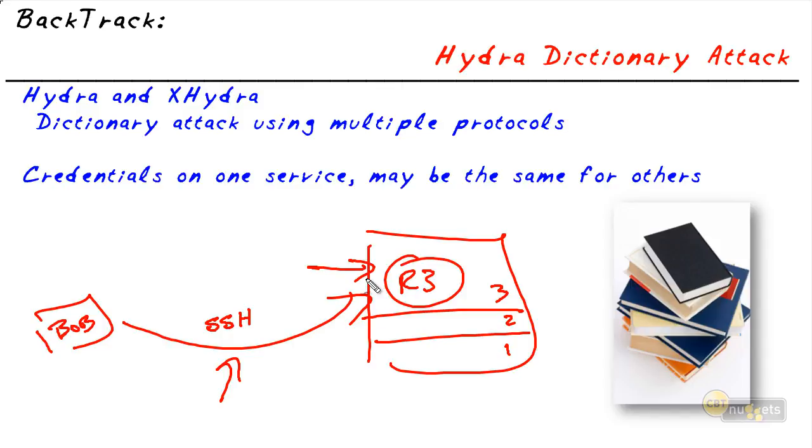Now, it just so happens that Backtrack ships with a couple of password lists or dictionary lists, and one of them is like 14 million long. So if we try over and over, it might take a while. But if they haven't put precautions on R3 that stop after so many failed login attempts and lock out the account for a period of time, we could certainly do that.